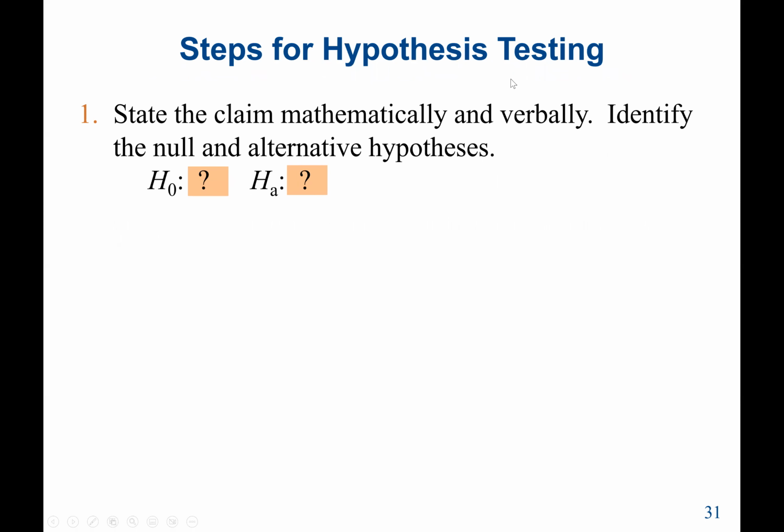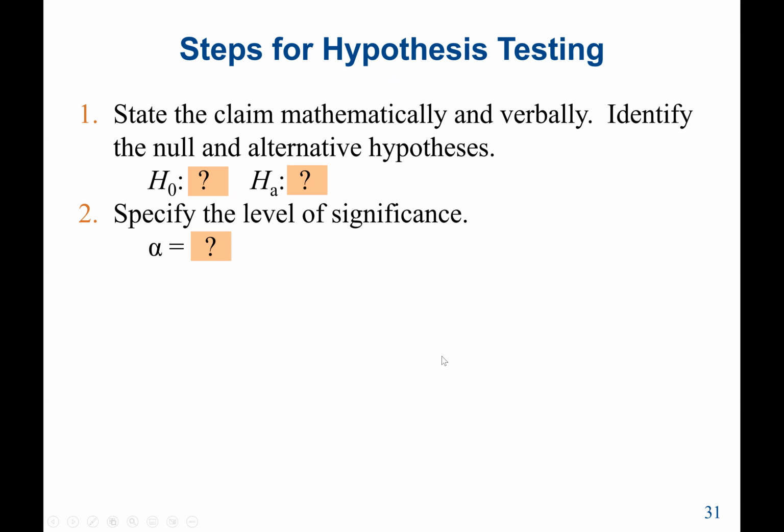So next are the steps for hypothesis testing. First, we state the claim mathematically and verbally, then identify the null and alternative hypotheses. Second, we specify the level of significance, which is alpha. Normally, the alpha value is given to us.